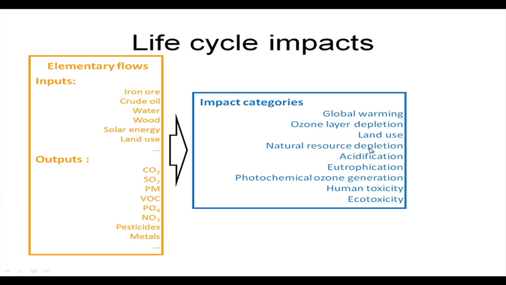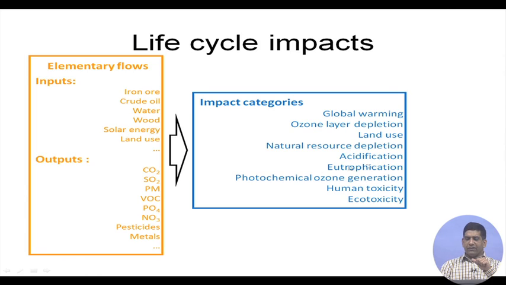Natural resource depletion, natural resources going down, so that's another issue. Acidification, especially from SOx and NOx, you see here SO2, NO3. So SOx and NOx, that's the acid rain. Carbon dioxide also leads to a reduction in pH. So acidification is a problem. What is the problem with acidification?